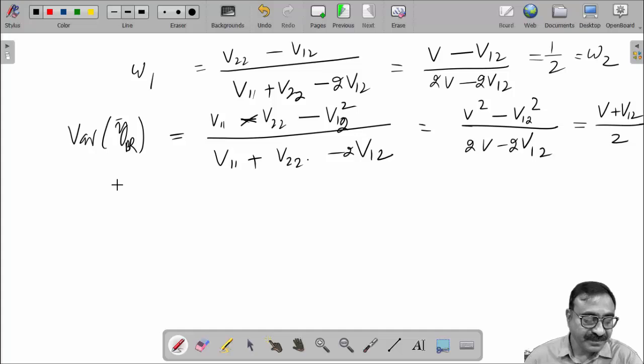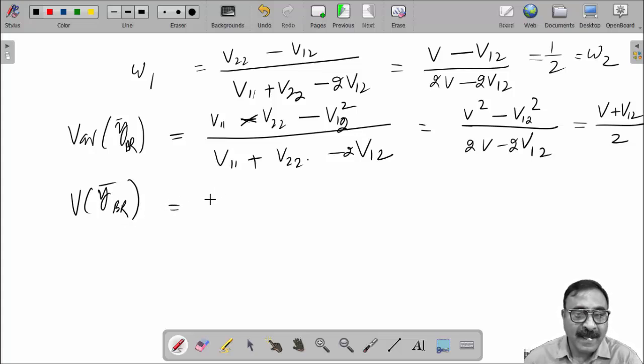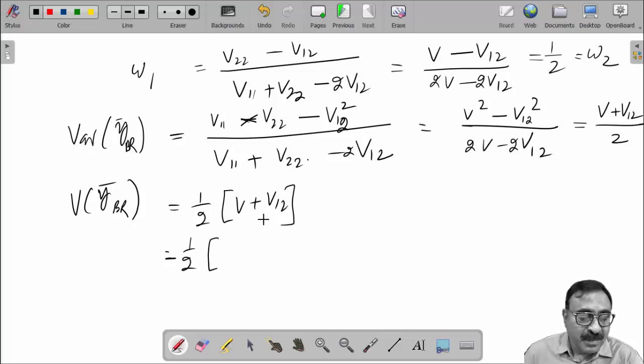Now the variance of the bivariate ratio estimator is given by 1 by 2 into V plus V12. The value of V we already have, that is V equal to V11, and also V12.